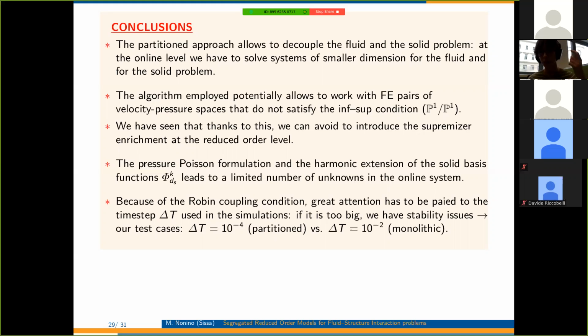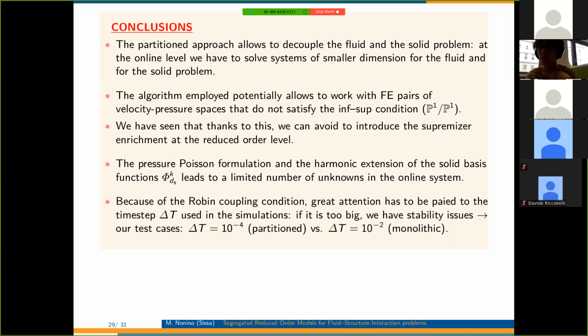But a drawback of this procedure, which I want to underline, is the fact that because of the presence of the Robin transmission condition in the pressure Poisson formulation, we have that constant alpha Rob, which was highlighted in pink at the beginning of the presentation.